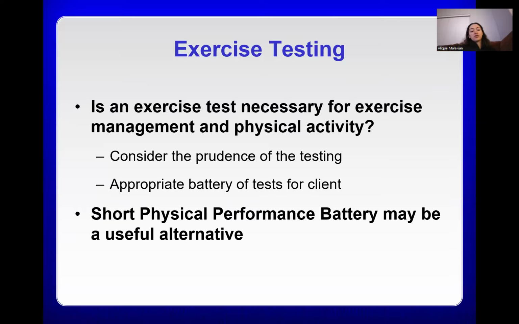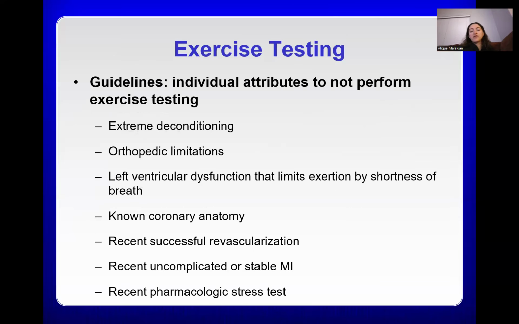The book describes a short physical performance battery, and I believe this is available outside of the book as well, so I'm not going to go over what it is, but it could be a useful alternative for some people. Related to exercise testing, there are certain reasons why you shouldn't test someone.